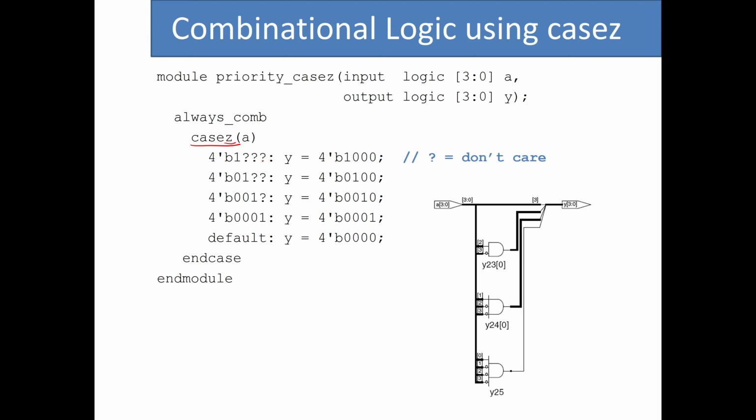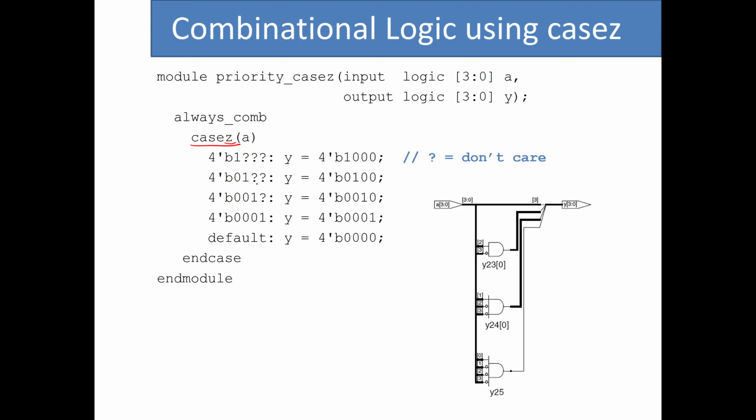question mark. So that means that whenever the input data A is 1xxx, or basically if the first or most significant bit is 1, the values of the other bits don't matter, put the output y as 1 0 0 0.